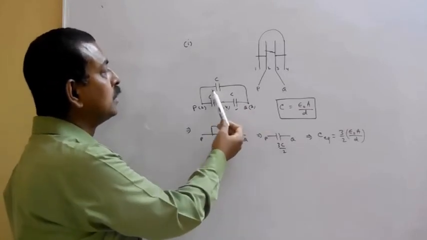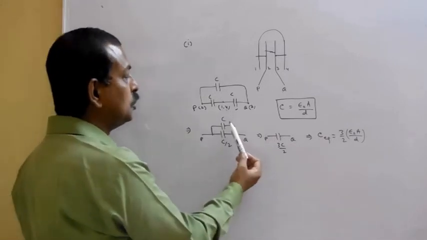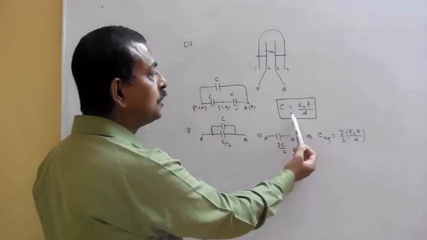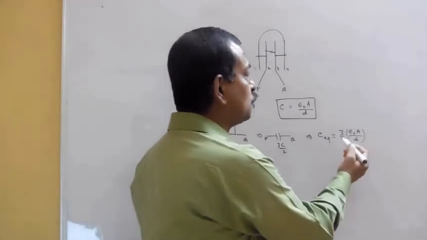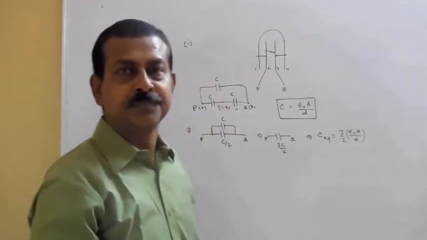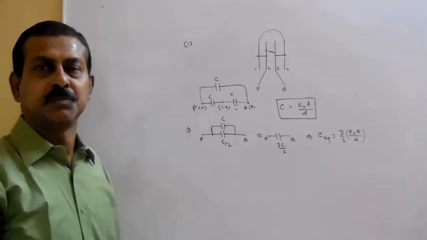This is another one, C, which is connected in parallel with this one. So these two are in parallel, equivalent will be 3C by 2. And since C is epsilon naught A by D, the equivalent capacitance will become 3 by 2 epsilon naught A by D. So this is the equivalent capacitance of this particular arrangement.